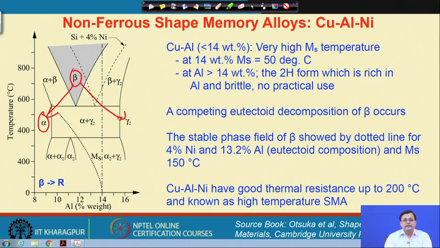This means, in a TTT diagram, we must develop the alloy in such a way that the transformation bay moves to the right hand side for the eutectoid transformation.